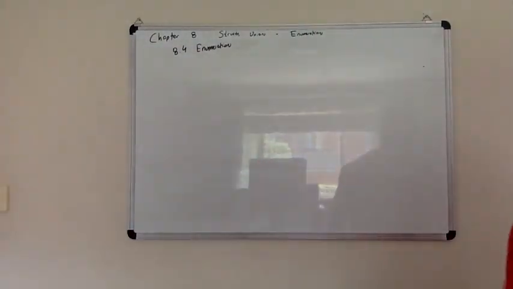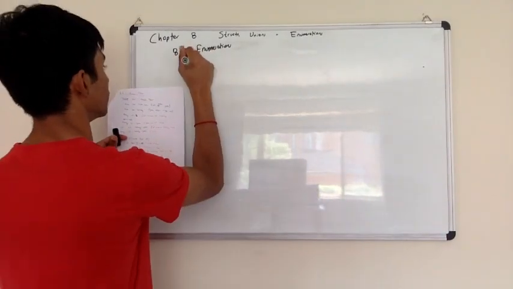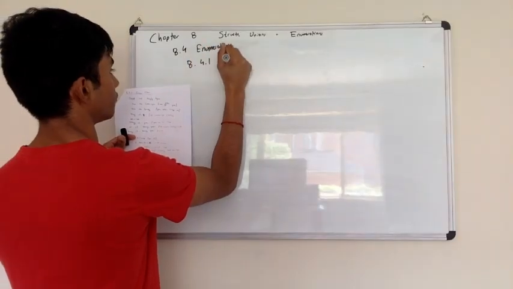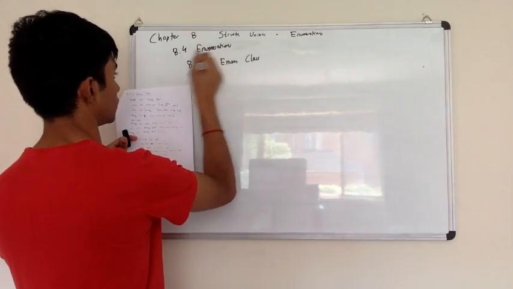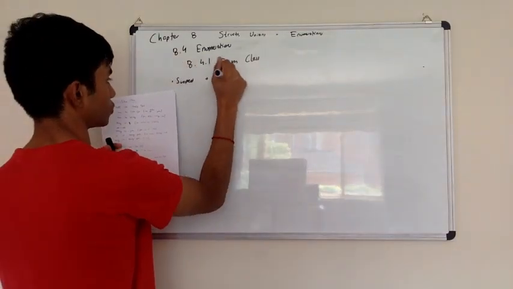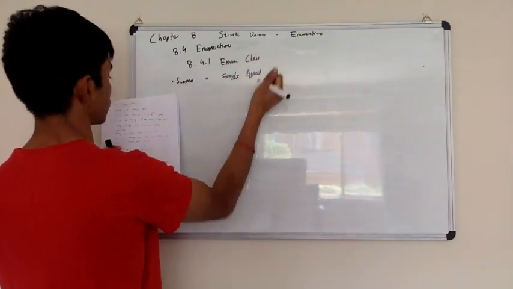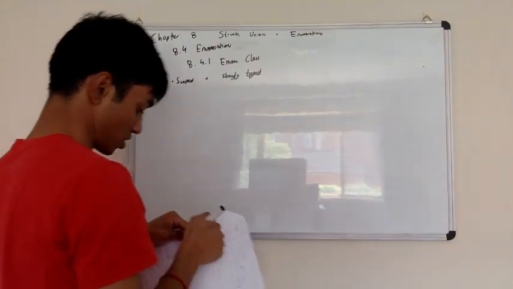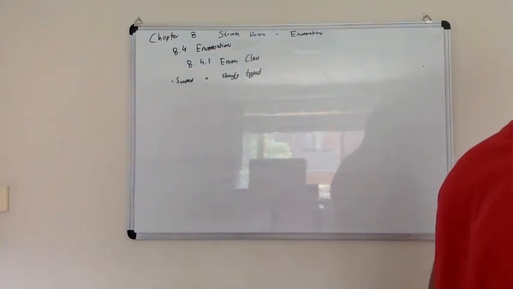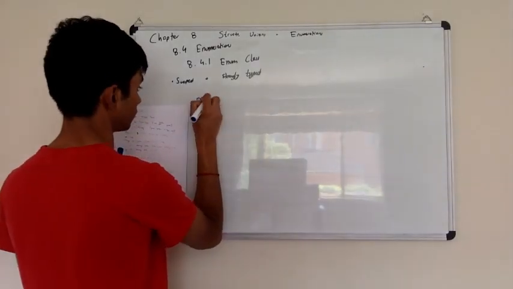All right, so let's talk about enum classes. 8.4.1, enum class. We said scoped and strongly typed, or strictly typed. The easiest way to talk about this is using the example given. Imagine we make an enum class.